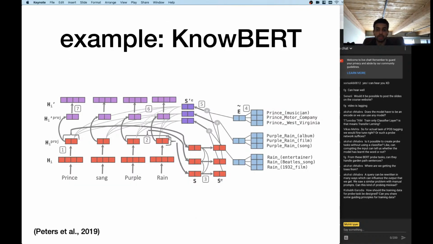KnowBERT is one example of this, where they found that BERT hadn't learned certain facts about entities like princes, for example. So during the masked language modeling training, they also added some objectives to ensure that the model learned some relationships between certain entities in a knowledge base. So that's one way to move forward.